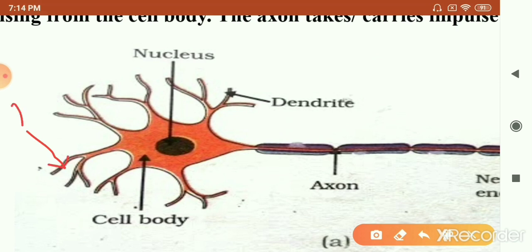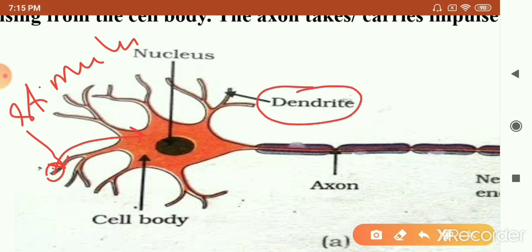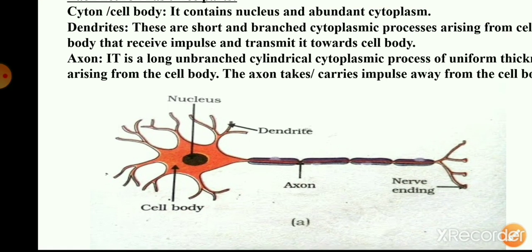The stimulus is first received by the dendrite tip, then it is converted into an electric impulse, and in this form the message is taken to the cell body. So the dendrite's role is to pass the message from the dendrite tip to the cell body.